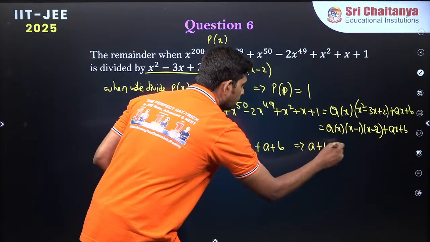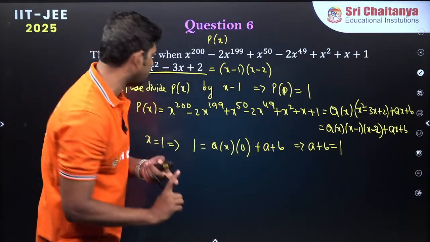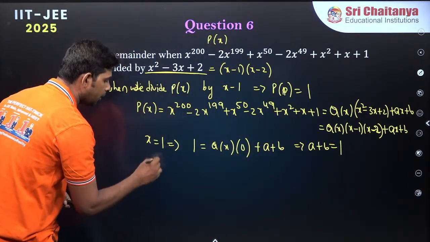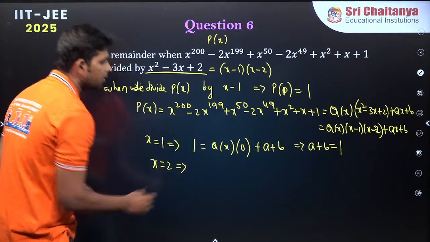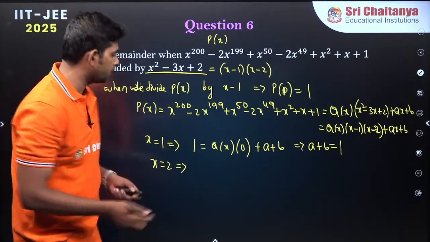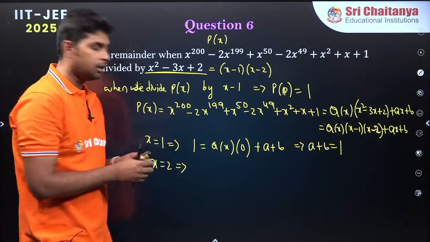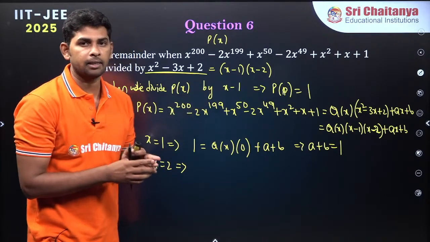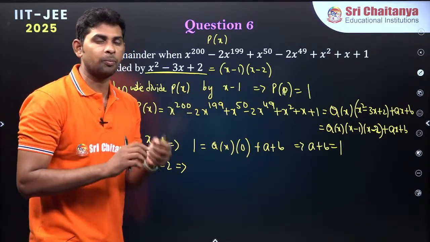1. Okay, now we have one equation in terms of a and b, and I am going to substitute x equals 2. If I take 2 here, you can see 2 power 200 is there, and 2 into 2 power 199 is giving us 2 power 200.